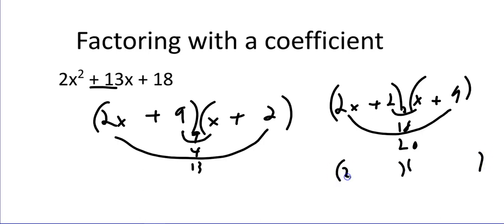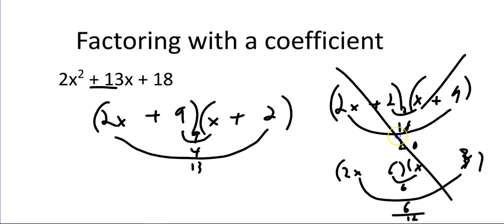Maybe I wasn't so lucky and I started off with 6 and 3. Well, if I put 6 here and 3 here, that would give me 6, and that would give me 12. Again, close, but not 13. So I got lucky and tried the right numbers the first time, but it doesn't always work that way. And sometimes you do have to just guess and check.